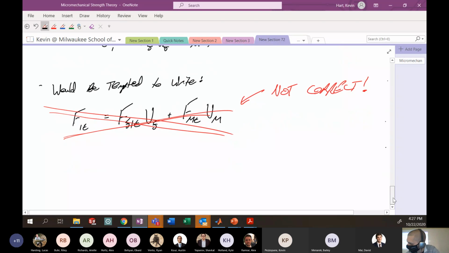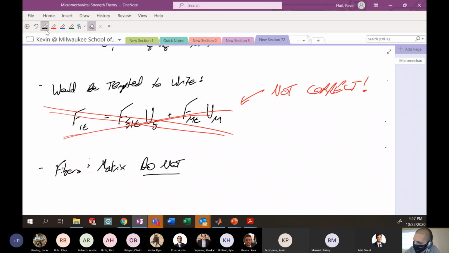So let's put this into words. So fibers and matrix do not fail, or let's say do not reach their failure strengths simultaneously.